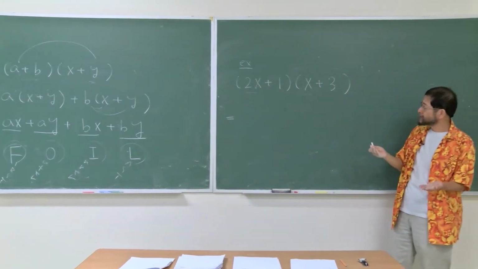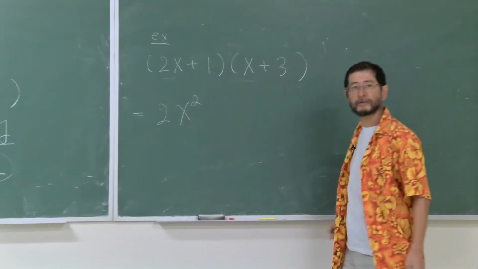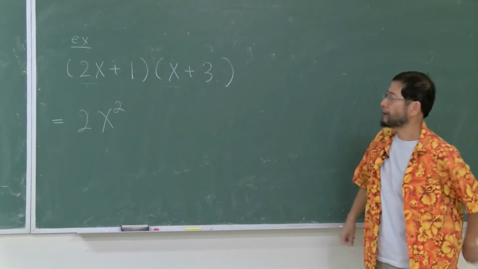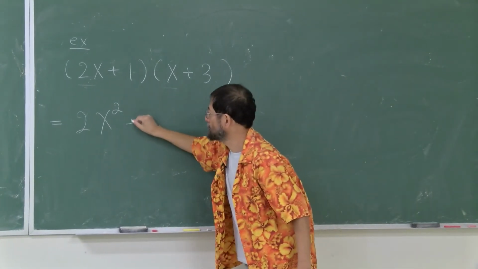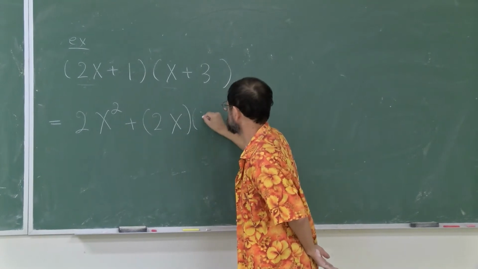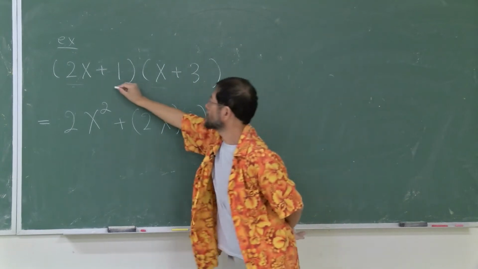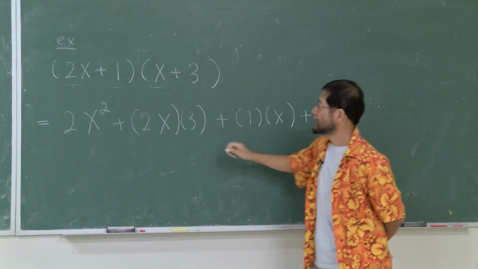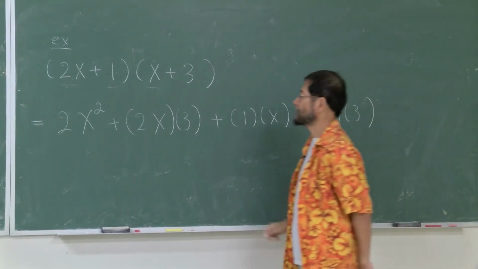So it's 2x times x, which is 2x squared. Now, O for the FOIL, so outer. So you multiply 2x and 3. So let me write down, 2x times 3. And then, for the inner variables, 1 times x. And then lastly, 1 times 3.